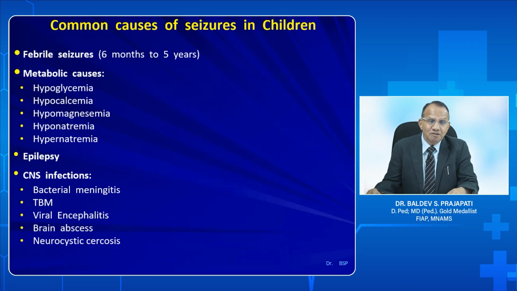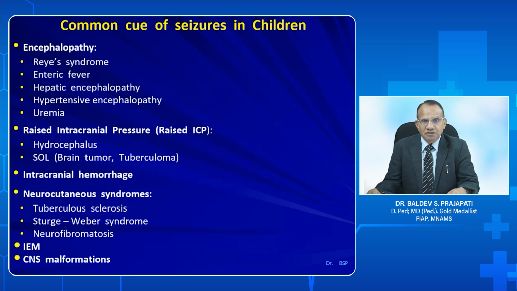Yes, epilepsy is the major group. CNS infection is also common in this age group. It may be due to bacterial meningitis, tuberculous meningitis, viral encephalitis, brain abscess, or even neurocysticercosis. Various encephalopathies are common in this age group.